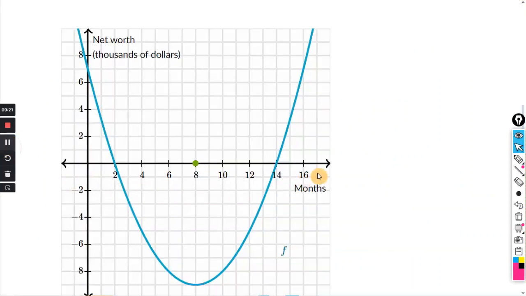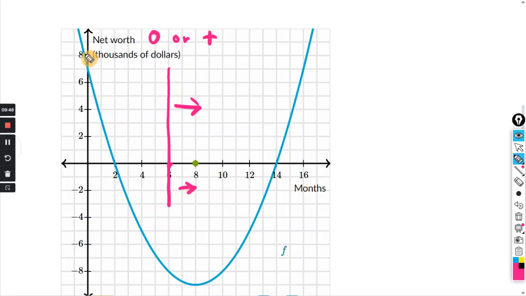All right, so right here, the x-axis is the time in months. Okay, so here is 6 months. It has to be everything after 6 months, okay? So it has to be after 6 months. And the y-axis is the net worth. All right, and we said it has to be 0 or positive.